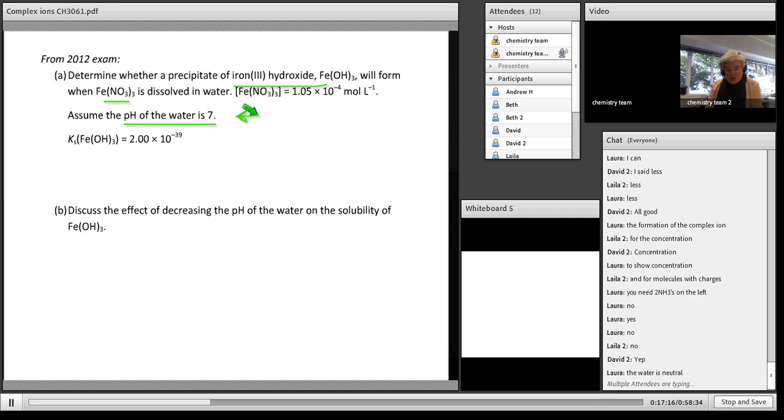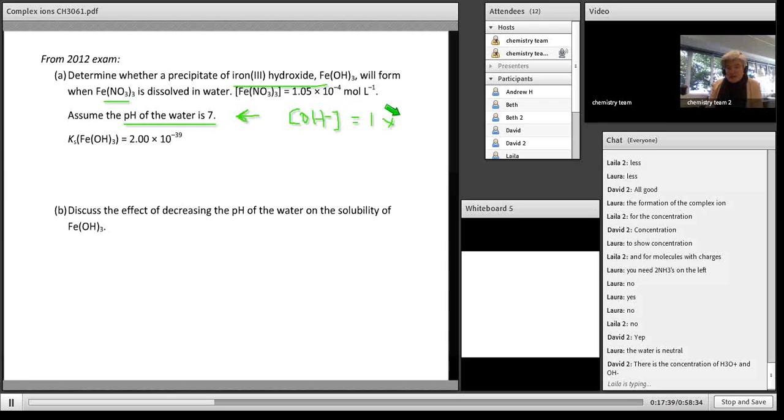Okay, water is neutral, so it tells you that it's a neutral solution. It will also tell us, as you do in 3062, the concentration of OH minus. Now, this isn't really done at level 2, but if the pH is 7, then the concentration of hydroxide is 1 times 10 to the minus 7.